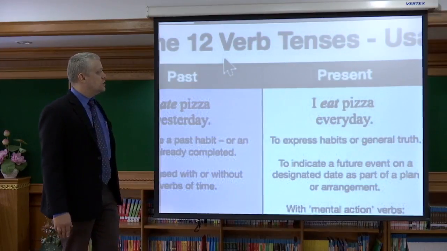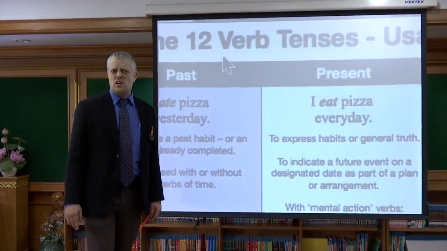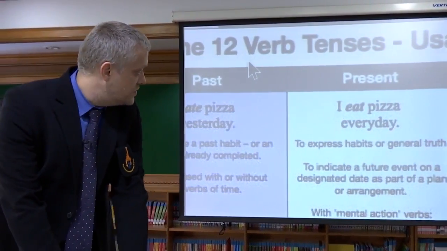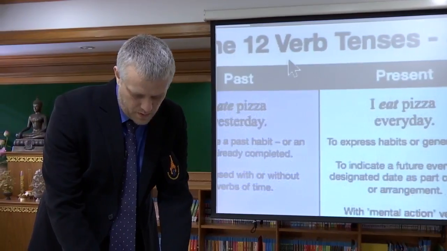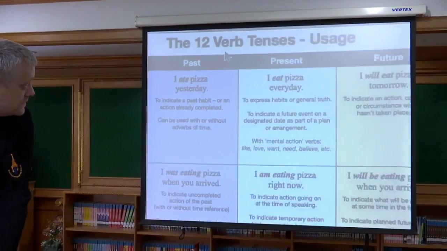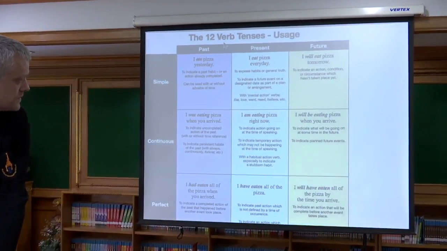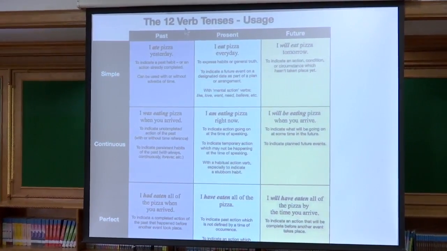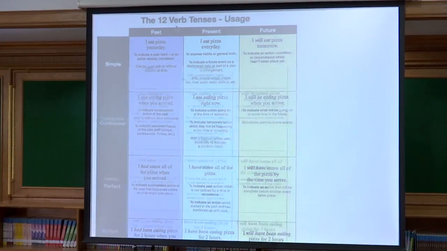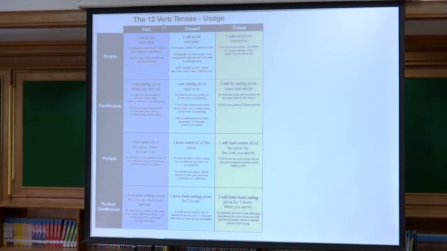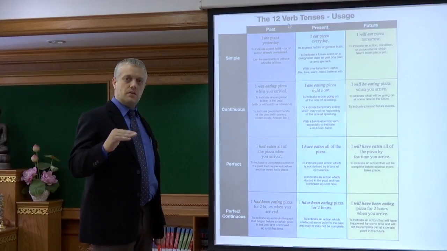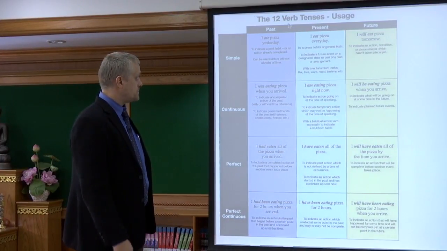Here it says 12. That sounds like so many. However, when we zoom out, it becomes a square or a table, which hopefully makes much more sense than just throwing them each individually at you.